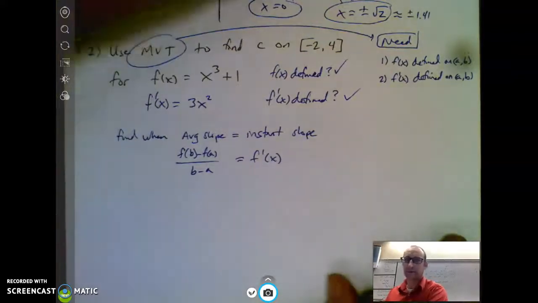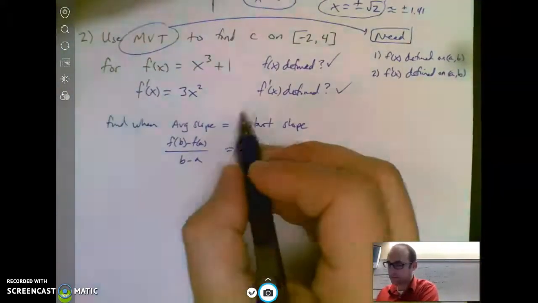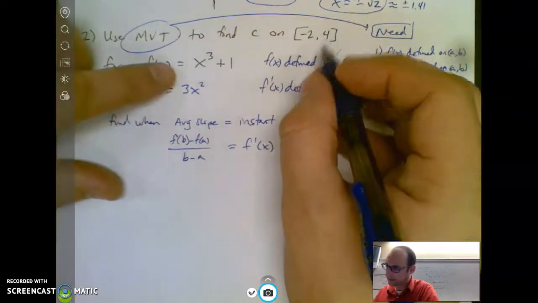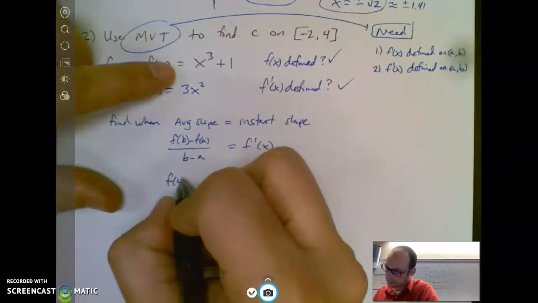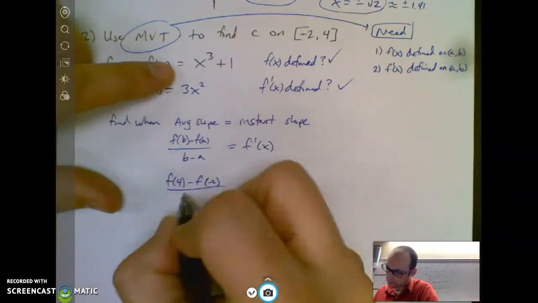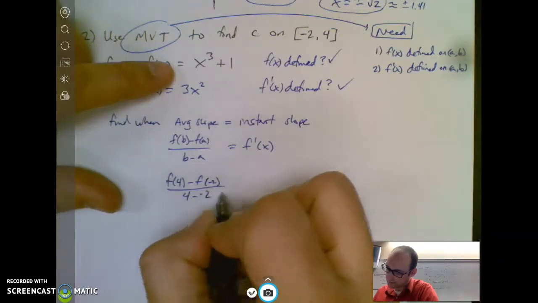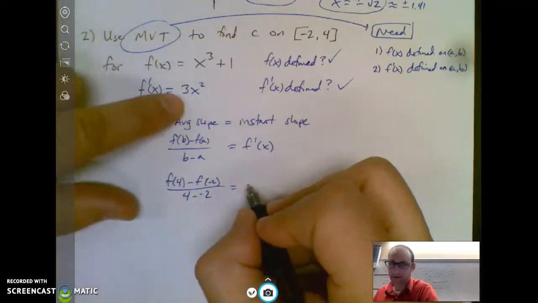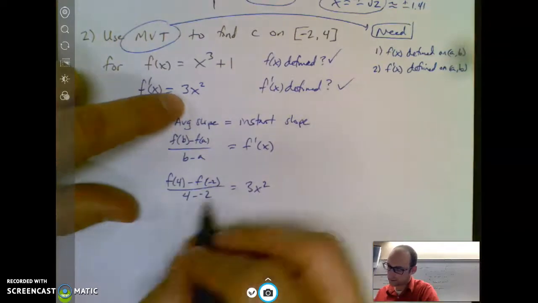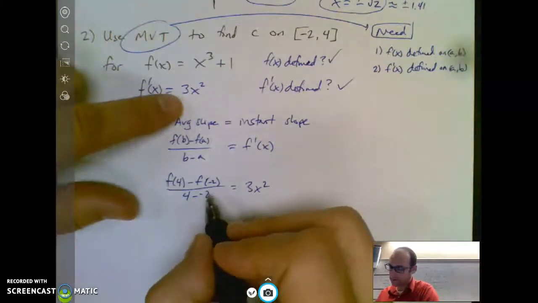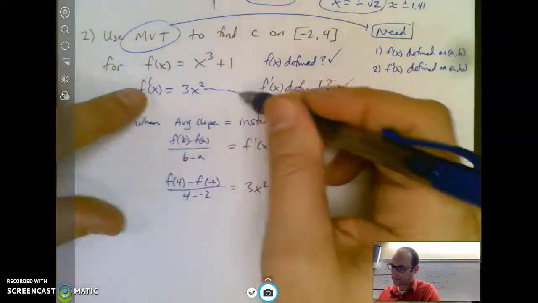It's pretty easy to do. Average slope is just y minus y over x minus x. So we're going to do that: what is f of 4 and f of negative 2 over 4 minus negative 2. And I'm just going to plug in this 3x squared, so we'll get the left side to turn into a number, and then we'll solve it. Okay, so this is my instantaneous slope.